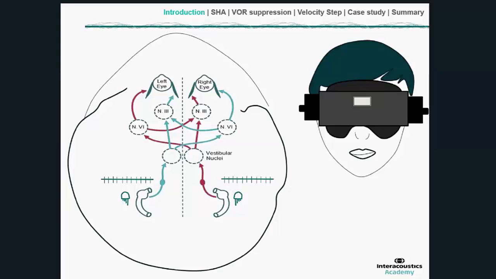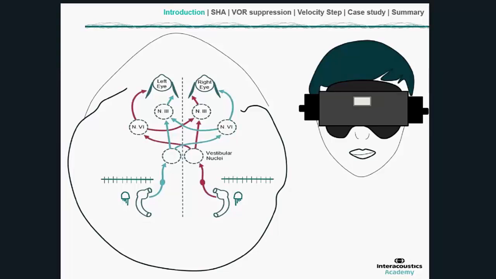And when we're interested in measuring the activity in the VOR, and specifically the sensitivity of the ears to a head rotation, we will use infrared camera instrumentation that can track the eye movements, and we will infer from the particular pattern of the eye movements what the input from the ears to the VOR may have been.